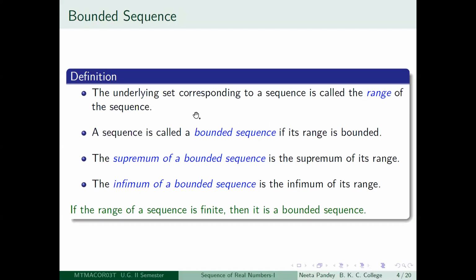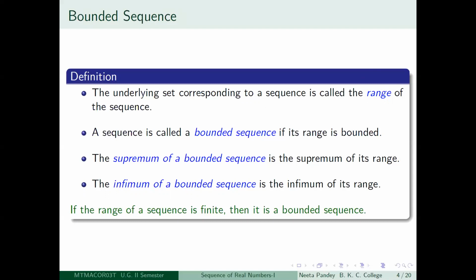It makes sense because a sequence is actually a function, so we want to find out what values it exactly takes. That is going to be the range of the sequence. But since that is a set, we know the meaning of a bounded set. So using that fact, we say that a sequence is a bounded sequence if its range is bounded, right?